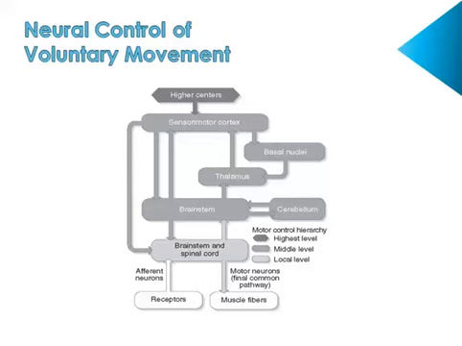And this is really showing us that flow from the receptors moving upwards towards the higher order centers. That is the flow of afferent information or sensory information. Information flowing from the higher order centers down to the level of the muscle fiber, that would be the flow of our efferent or motor information.